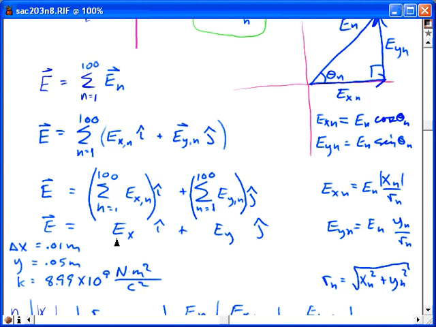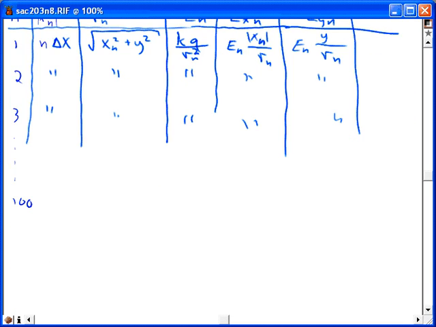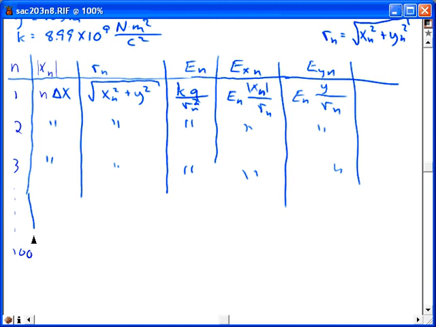You can always write E that way. It's x component times i plus y component times j, if it's in the xy plane. Otherwise, you get one more term with a k. But by inspection, this is the E sub x and this is the E sub y. So I think we're ready to go ahead and put that in a spreadsheet.